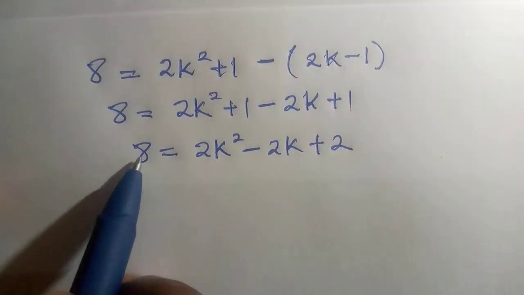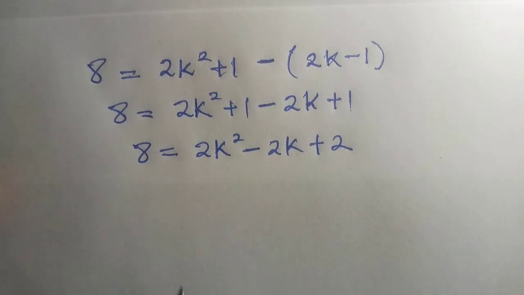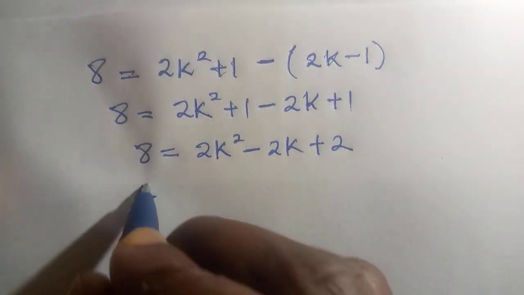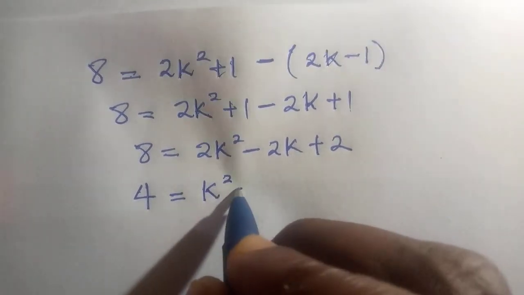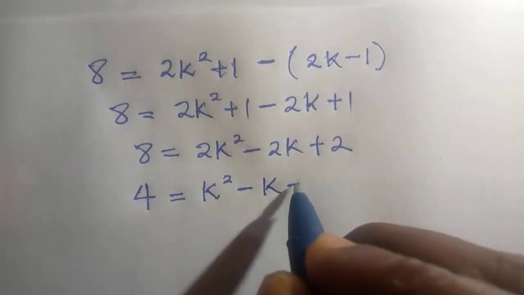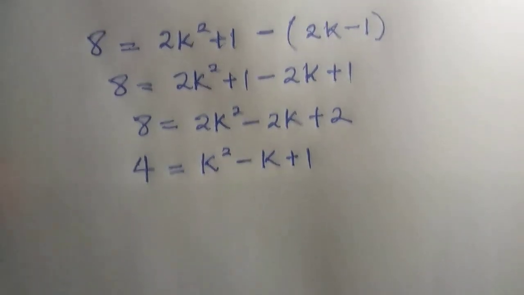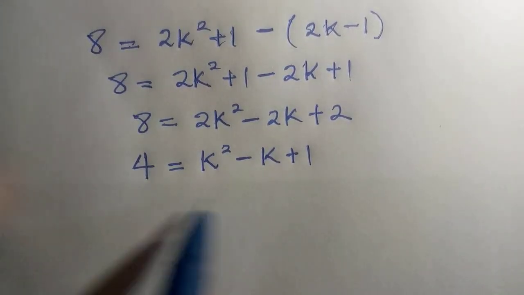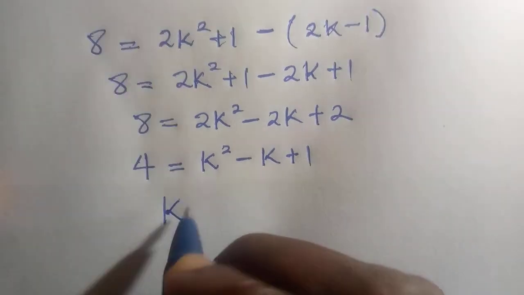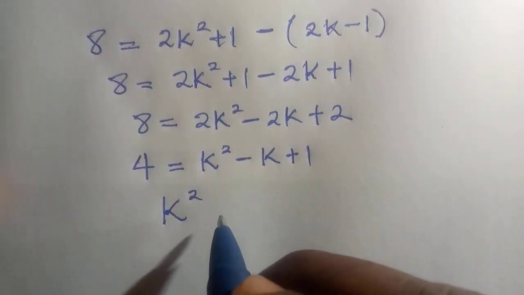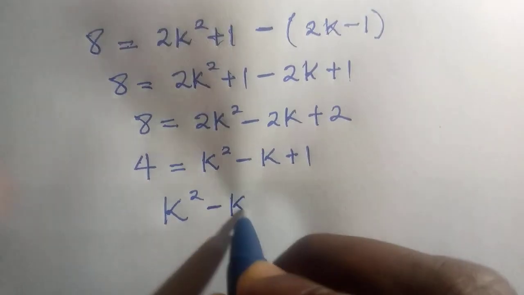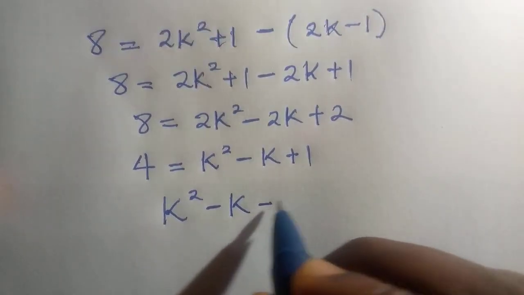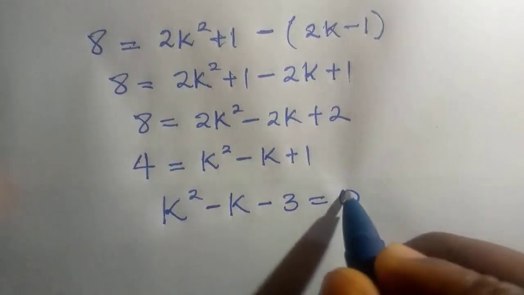So let's divide both sides by 2 first, as we did earlier. We have 4 equals k^2 minus k plus 1. Then here becomes k^2 minus k minus 3, everything equals 0.